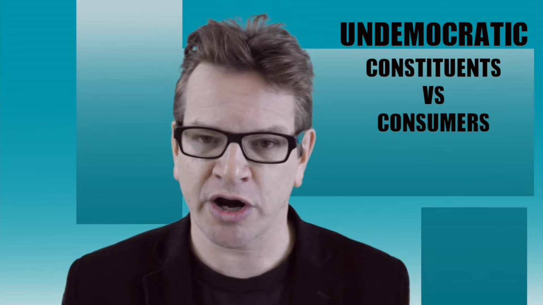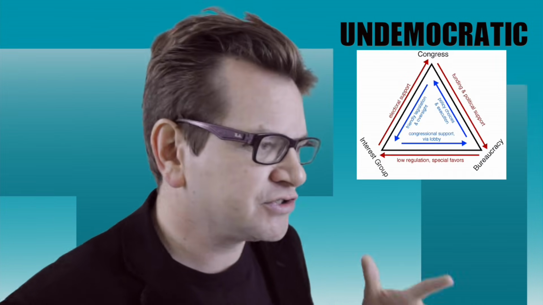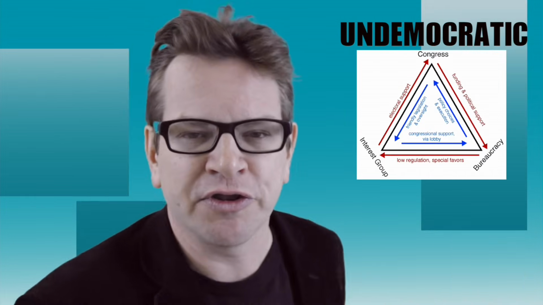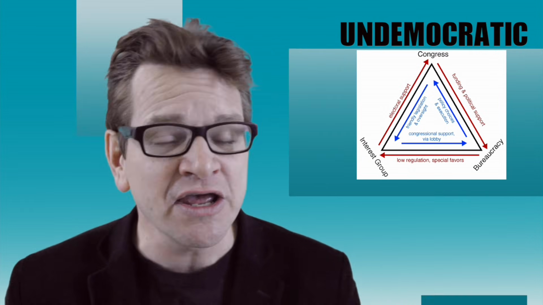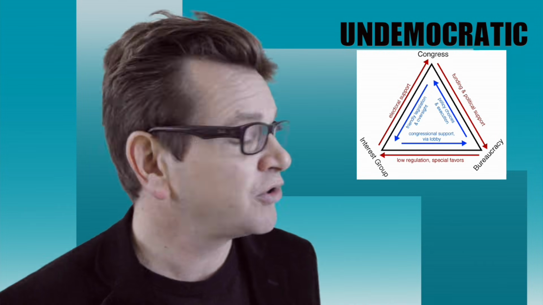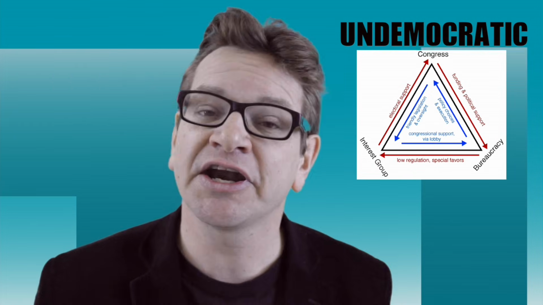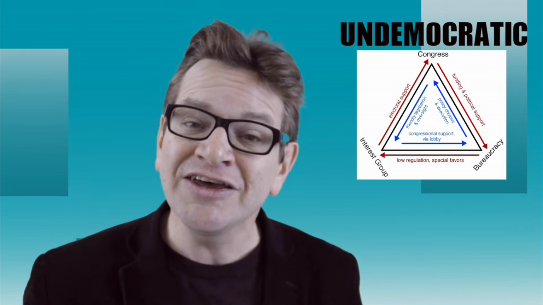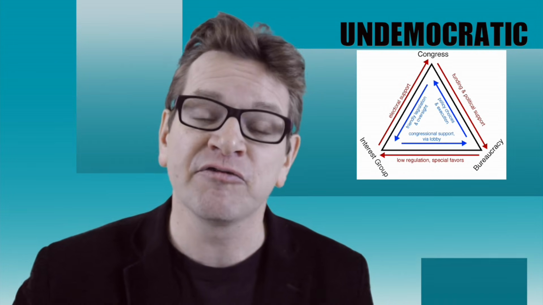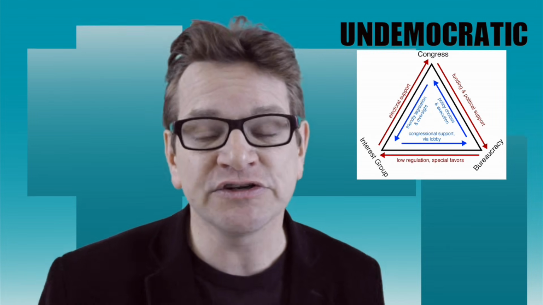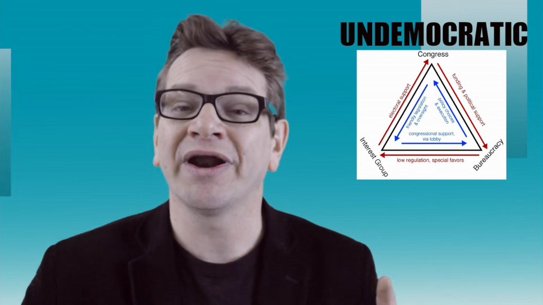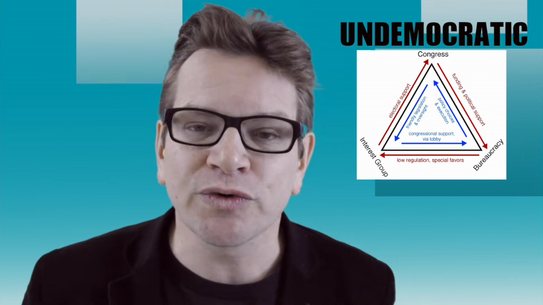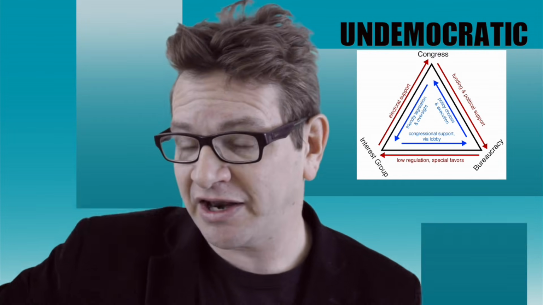So how does the iron triangle work? That pharmaceutical company is going to support congressmen and congresswomen. They're going to funnel money into their campaign. They're going to bundle money. They're going to raise money. They're going to help them win election. So now that that guy is sitting pretty and he's on a subcommittee that deals with this type of issue, well, you know what he has to do. He's going to create favorable legislation that's going to allow these pharmaceutical companies to put ads on TV. And the FDA or whatever bureaucratic agency that deals with that issue is going to enforce that and allow that to happen.